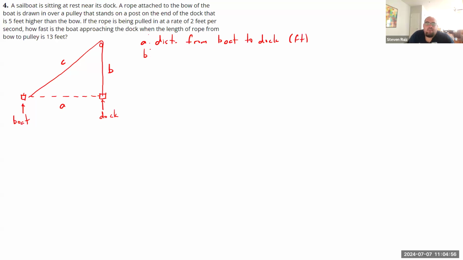We have B, the distance from dock to pulley, also feet. And C, the distance from boat to pulley, also in feet. Okay.